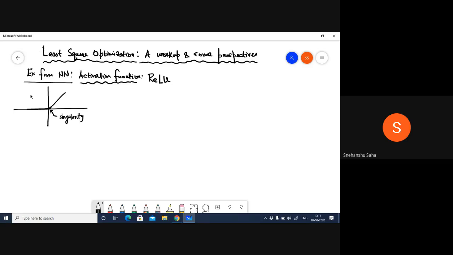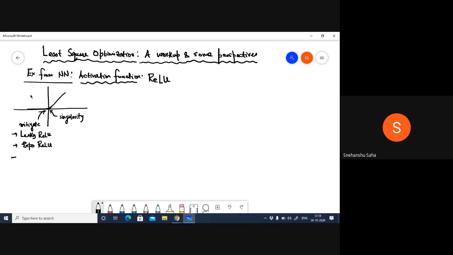One is a leaky ReLU, for example, let me write. In order to mitigate this problem: Leaky ReLU, and then exponential ReLU.